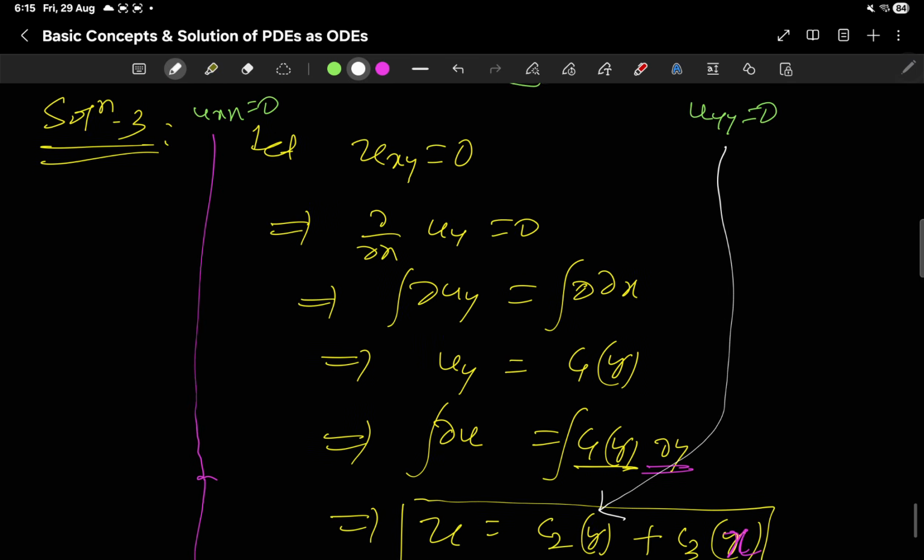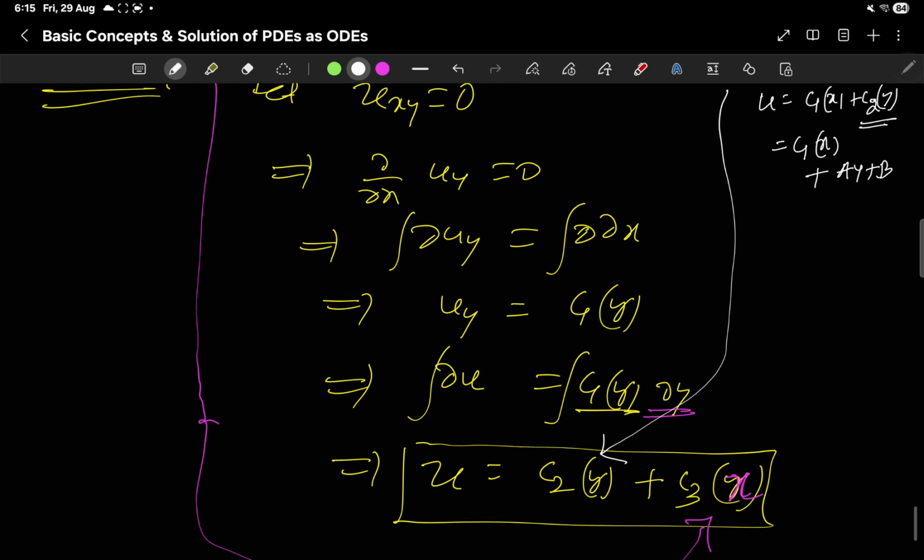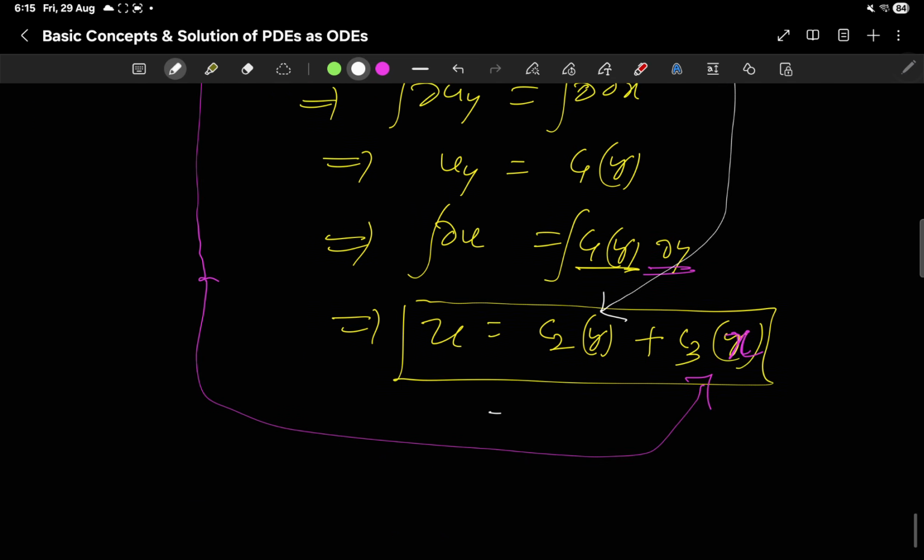So what is my c2(y)? If uyy is equal to 0, and u is a function c1(x) plus c2(y), then c1(x) is anything, but c2(y) has to be a linear equation only, ay plus b. So in view of this, c2(y) will be ay plus b.